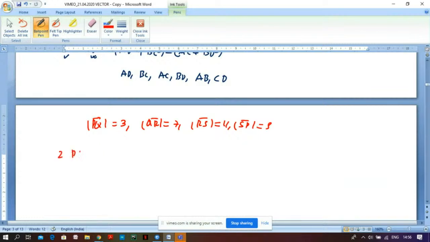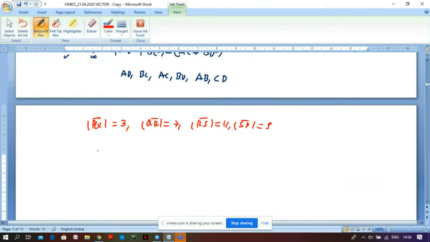Now we know that 2PS dot QR equals PR squared plus QS squared, minus PQ squared plus RS squared. But you do not want this; you want PR dot QS. This can't be calculated because the numbers are not there.